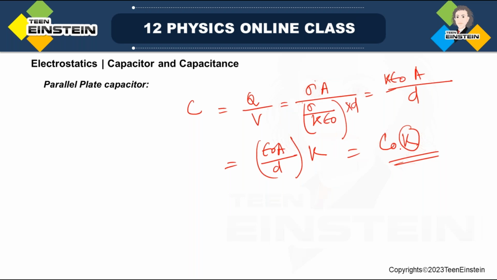You can see that the capacitance is increased by a factor of K times. We can increase the value of the capacitance to a very large extent by insertion of dielectric material in between the plates.